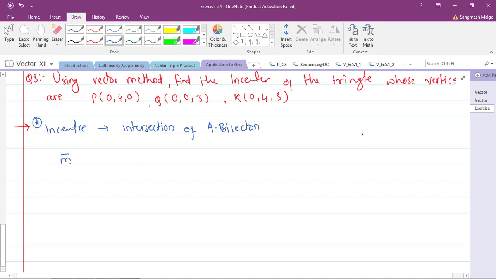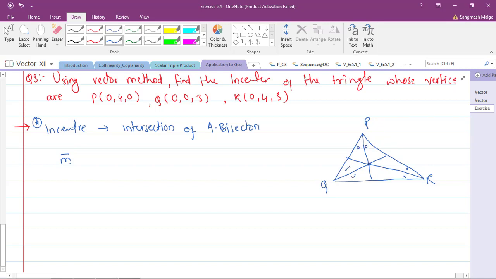Okay, let me draw the triangle first so that it will be easy for you to understand. So it is P, Q and R. The angle bisectors are like this, and like this. So this angle is same, these two are same, and these two are same, angle bisectors.